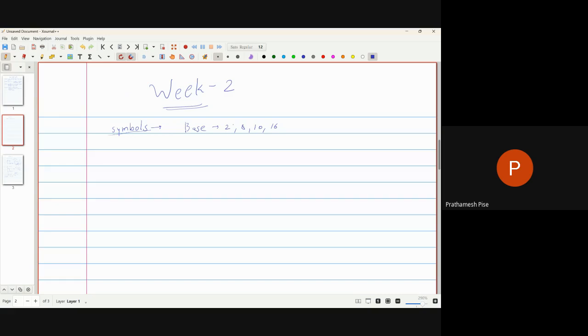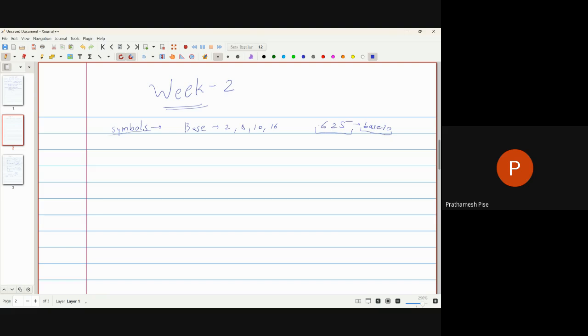Okay, I'll go ahead. Let's take one number, three digits: 625. What is the meaning of these three digits being in base 10?